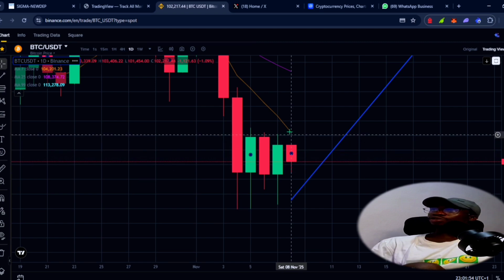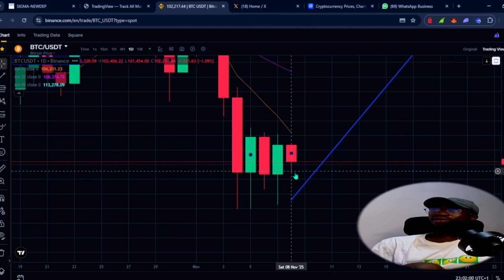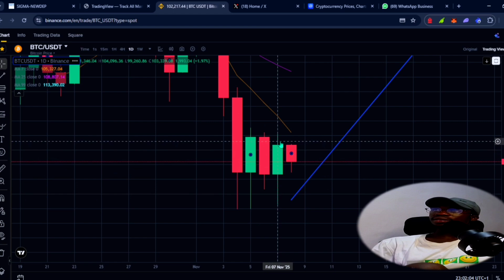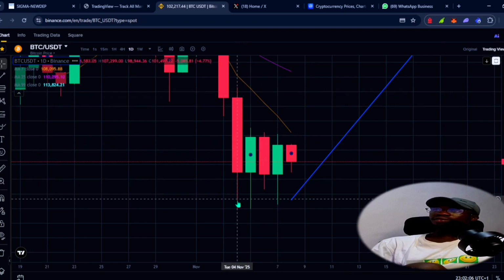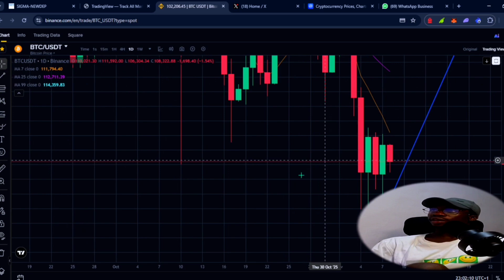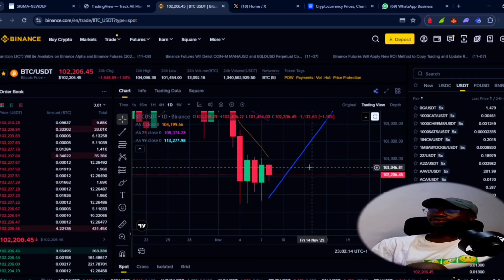Anything beyond this point, it will show a green candle. The candle will automatically turn green. There's nobody doing that. It's automatic. So this is the low and this is the high for this candle. I hope you get that clear. So let me just minimize this and take you to the next thing you need to understand.